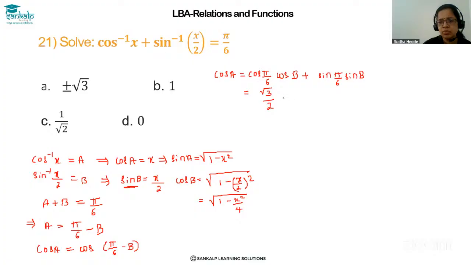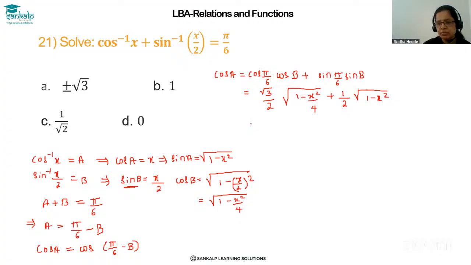Just now before, it is square root of 1 minus x square by 4, plus what is sin pi by 6 or sin 30? It is 1 by 2. What is sin B? It is x by 2. Got it?